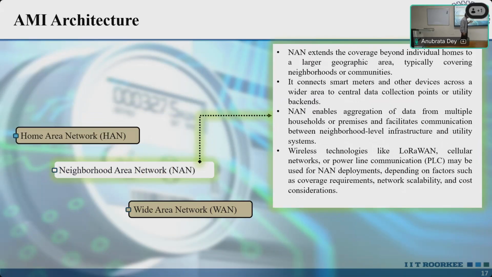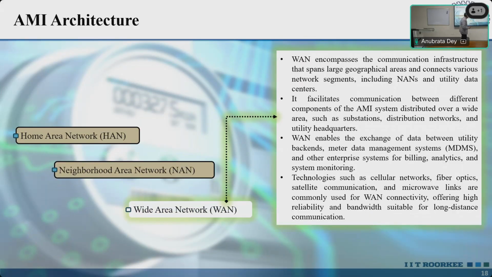Similarly for NAN, it is more powerful than the earlier one, because they are capturing data from different colonies or societies of houses, so there you can go for a better network. And for WAN, it is more powerful than HAN and NAN, and there you can use some fiber optic or satellite communication for transferring the data.